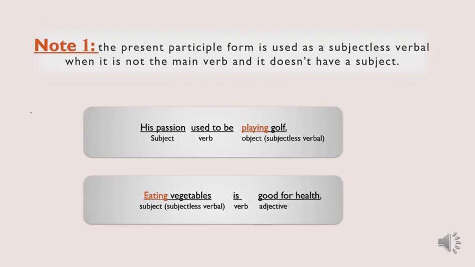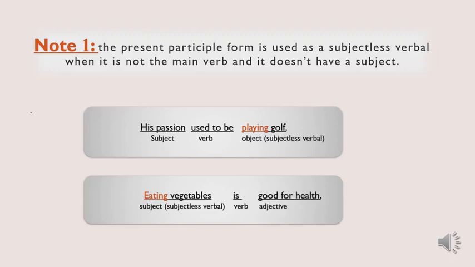A subjectless verbal is a form with ing, a verb with ing, but it is not a verb because it is not the main verb in the sentence and it doesn't have a subject. So it is called a subjectless verbal. So once we say that it is a subjectless verbal, it means that it is not the main verb in the sentence and it doesn't have a subject.